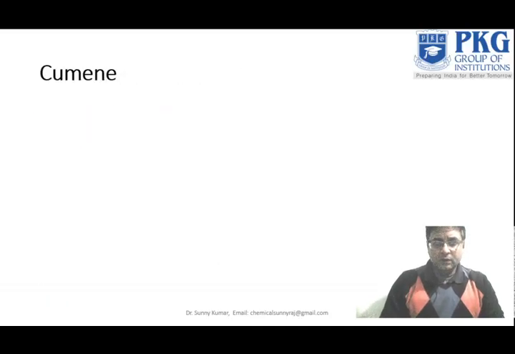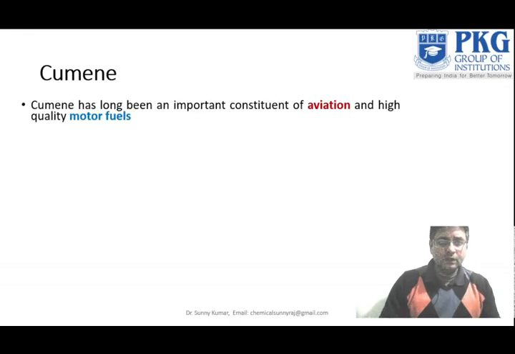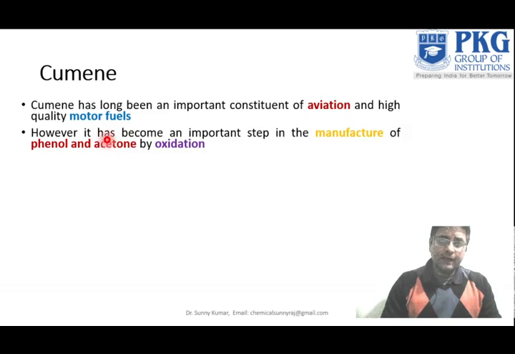First we will discuss cumene. Cumene has long been an important constituent of aviation and high quality motor fuels. However, it has become an important step in the manufacturing of phenol and acetone by oxidation.